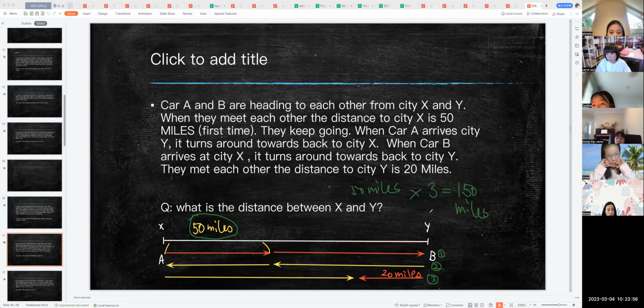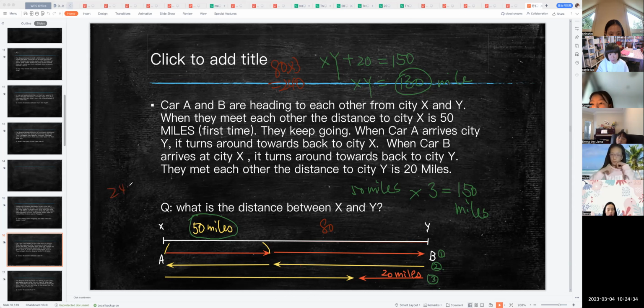The red line equals the distance of XY plus 20 miles. So XY equals 130 miles. Okay? Now let's check if it's right. When A finished 50, B finished 80, right? The yellow part is 80, and 80 times 3 equals 240.